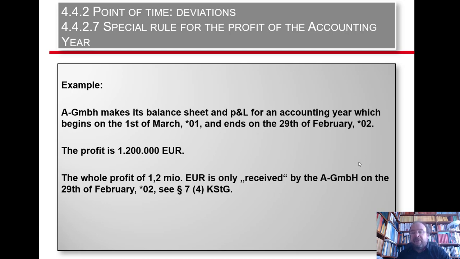That can only be then accepted or chosen with the permission of the fiscal authorities, because a deviating accounting year would otherwise be a very great possibility to shift the profit of nearly a whole year into the next year, and so to have a kind of a tax holiday. Naturally, that is not one.